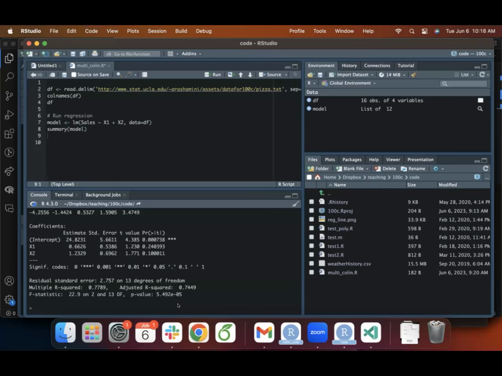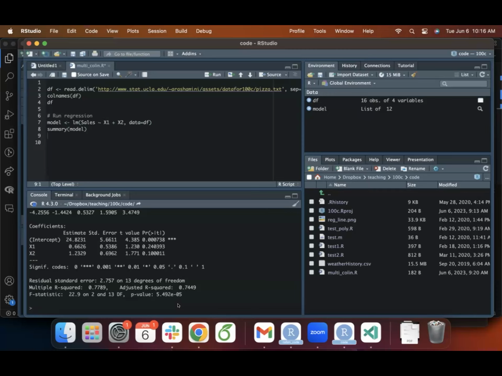Okay. So based on the conclusion, we can drop one of the covariates, right? But we can't drop both.